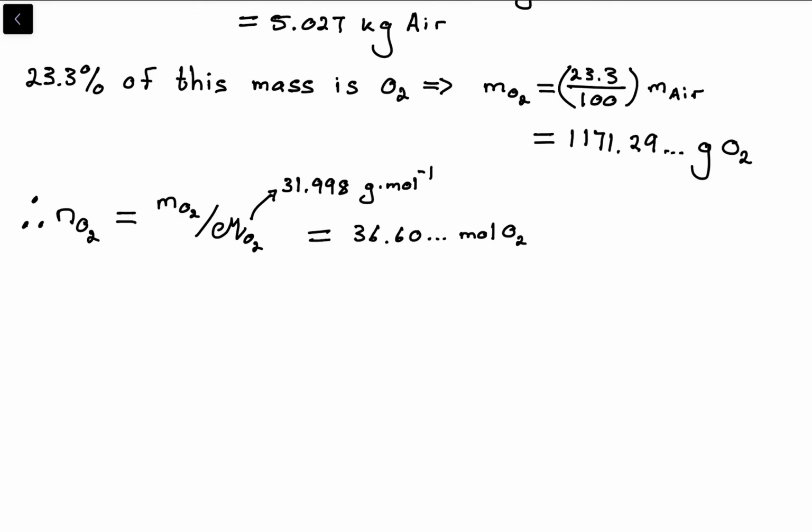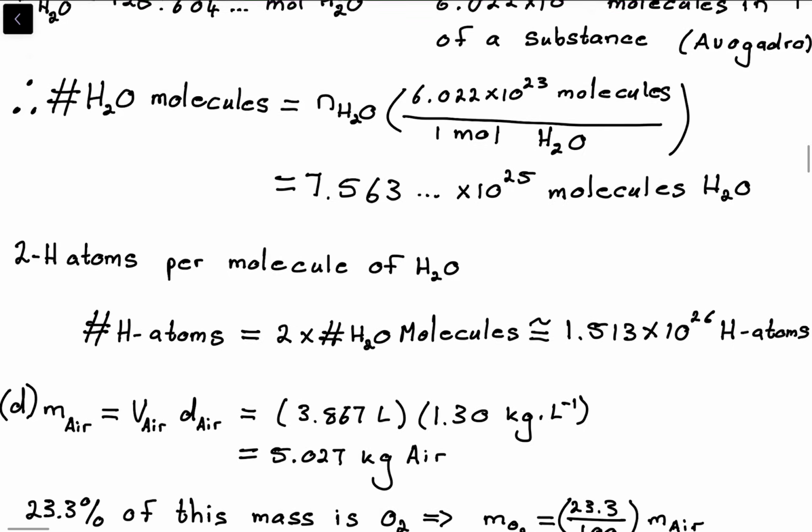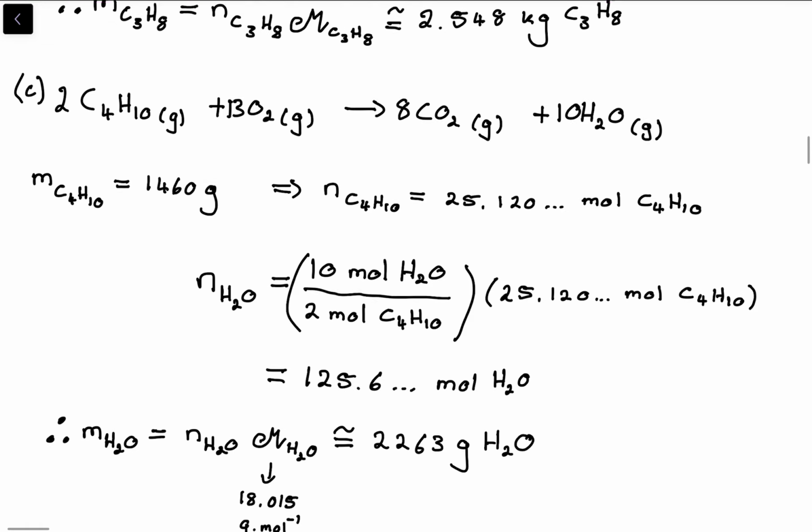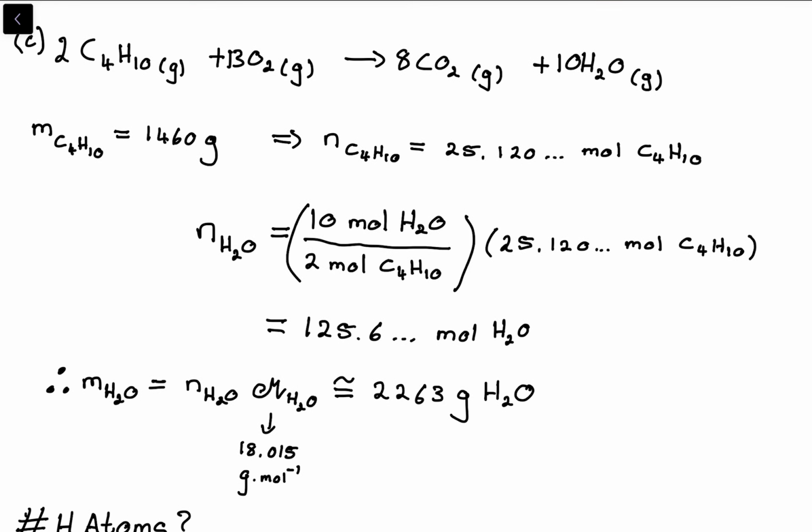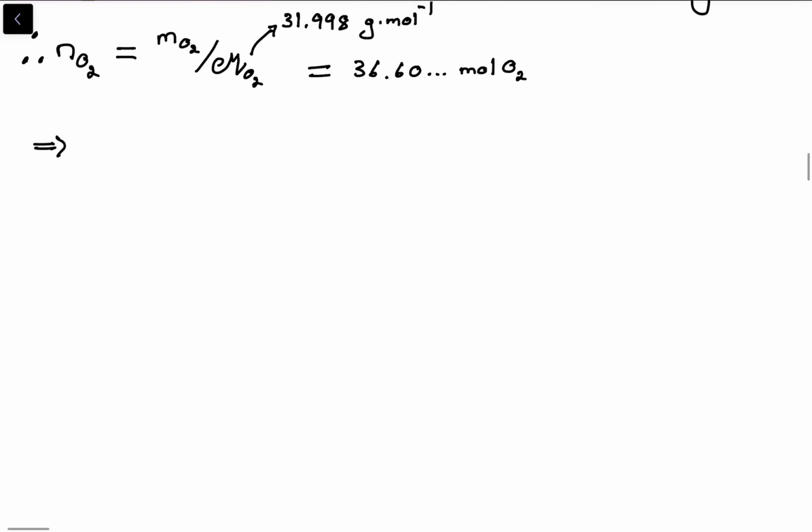Okay, so using the reaction equation, so we balanced it up here, it's butane. So 13 mole of oxygen produces 8 mole of CO2. In other words, 8 mole CO2 is produced for every 13 mole of oxygen that reacts. So how you write it is the number of moles of CO2 is going to be equal to 8 mole CO2 is produced for every 13 mole O2 that reacts.